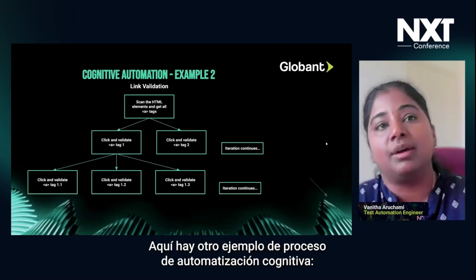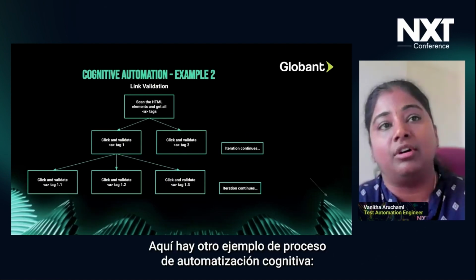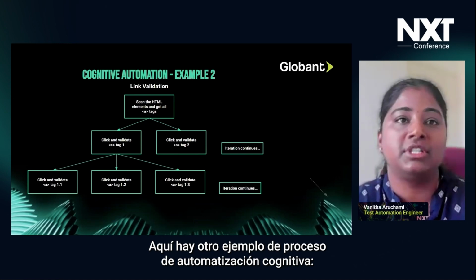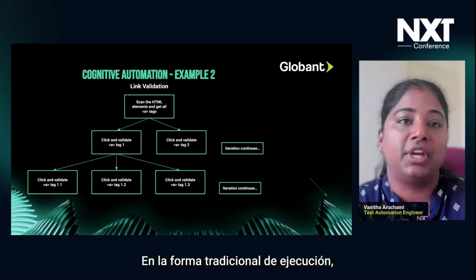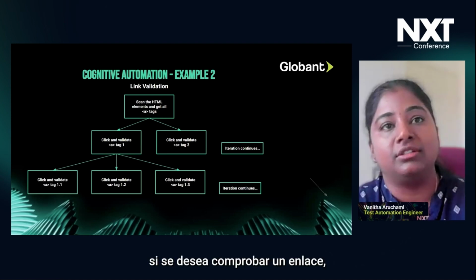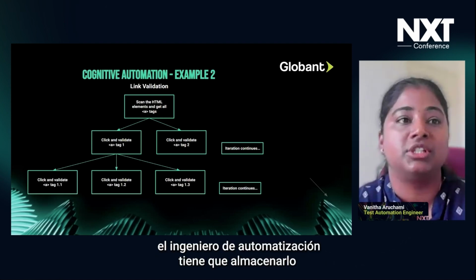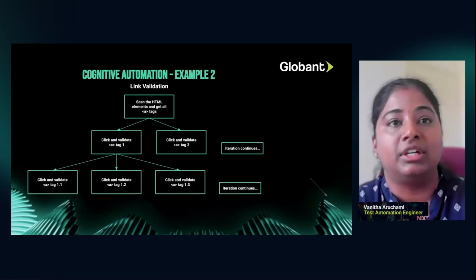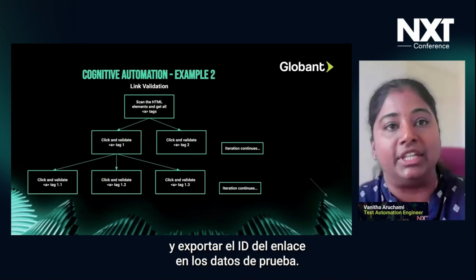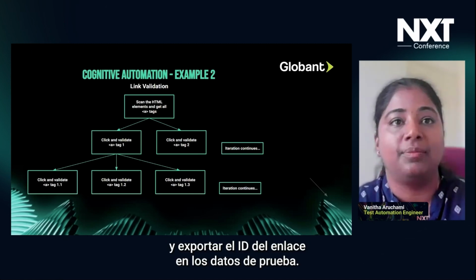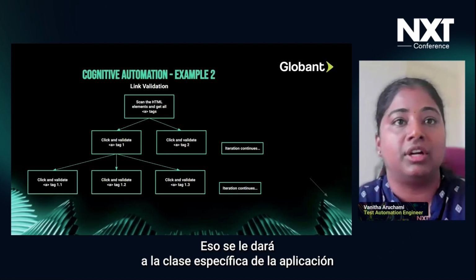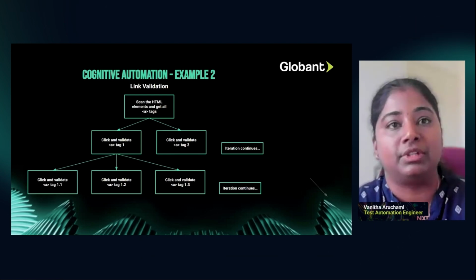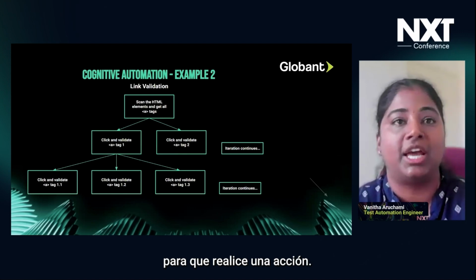Here is another example of a cognitive automation process, link validation. In the traditional way of execution, if you want to test a link, the automation engineer has to store the XPath or ID of a link in test data, and that will be given to the application specific class to perform an action.